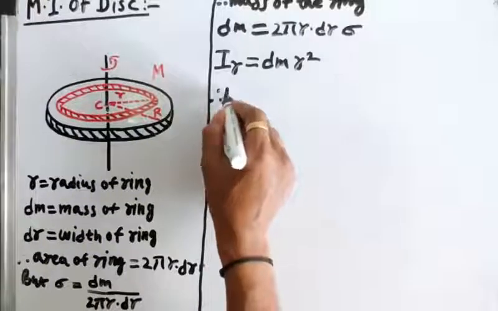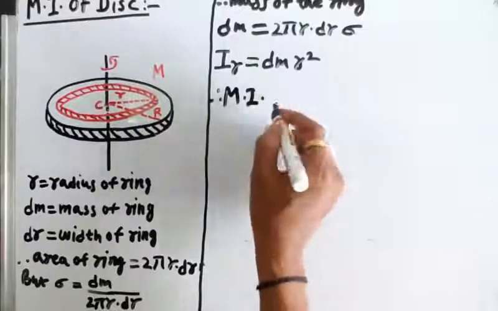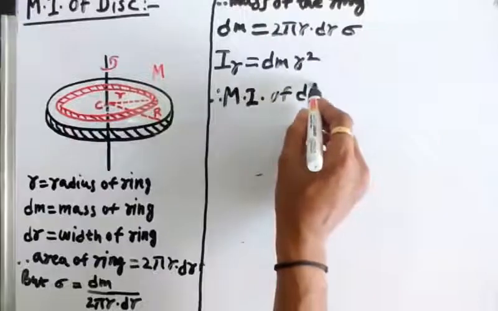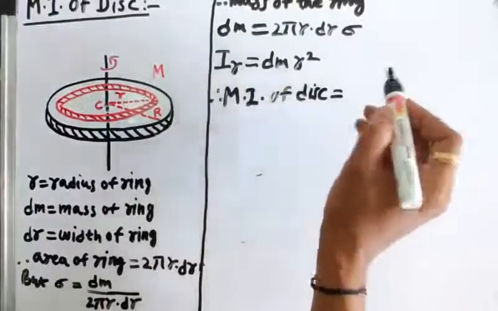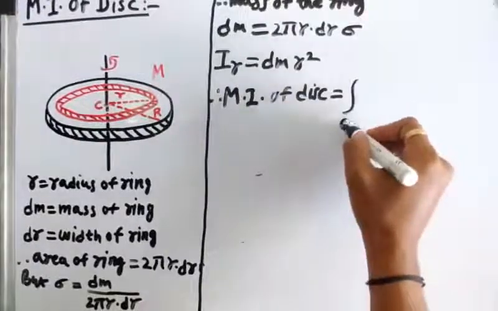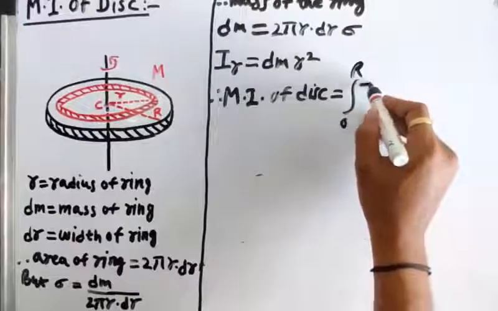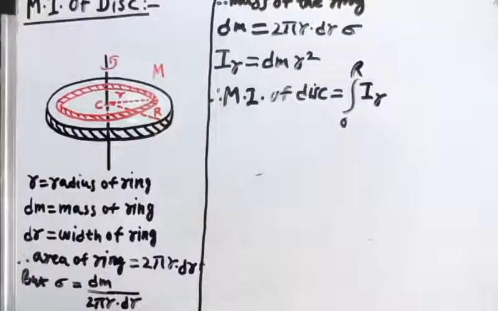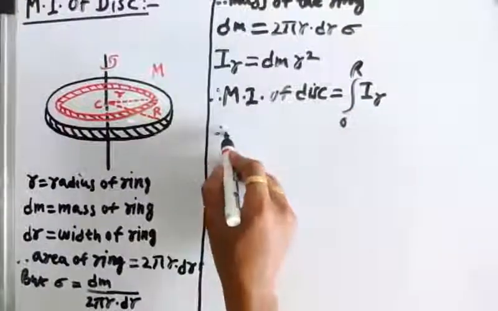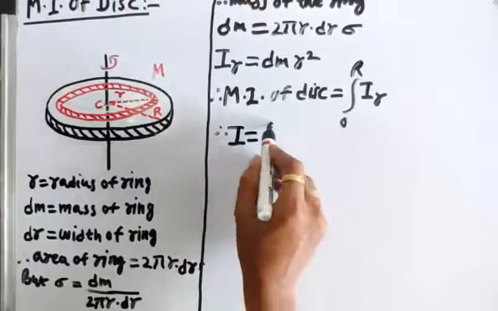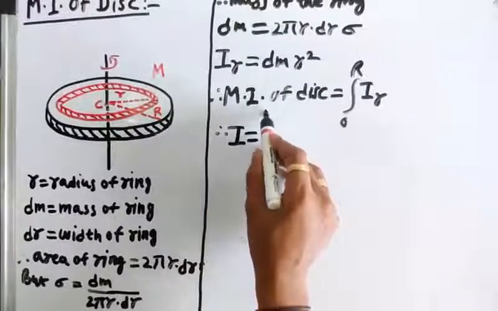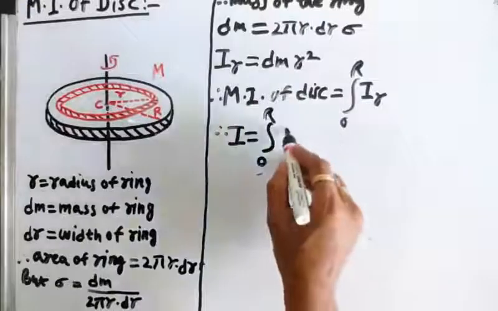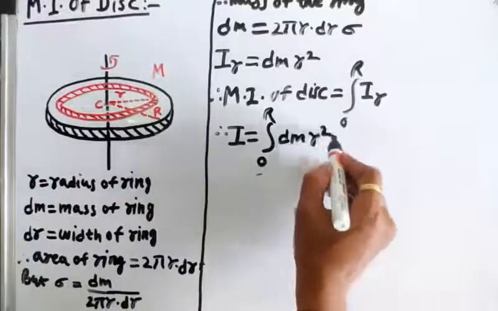Therefore moment of inertia of disk is equal to integration 0 to R of dI, it is nothing but dm into r square.